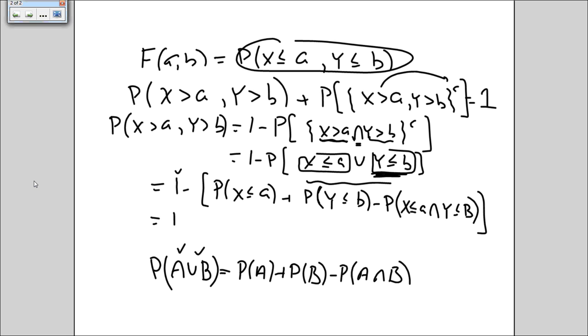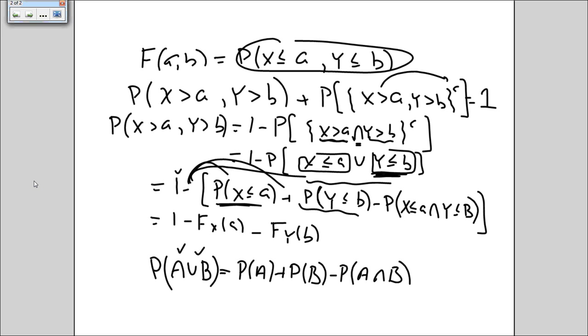So we have 1, and we have to take away this. But that's just fx of A. And we have to take away this term minus, that's fy of B. And we have to take away the last term, but if you take away a negative, it becomes positive. And by definition, look at the very, very top.